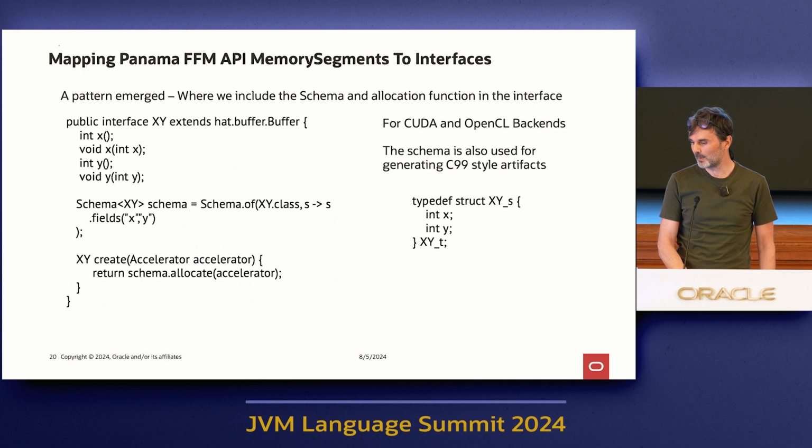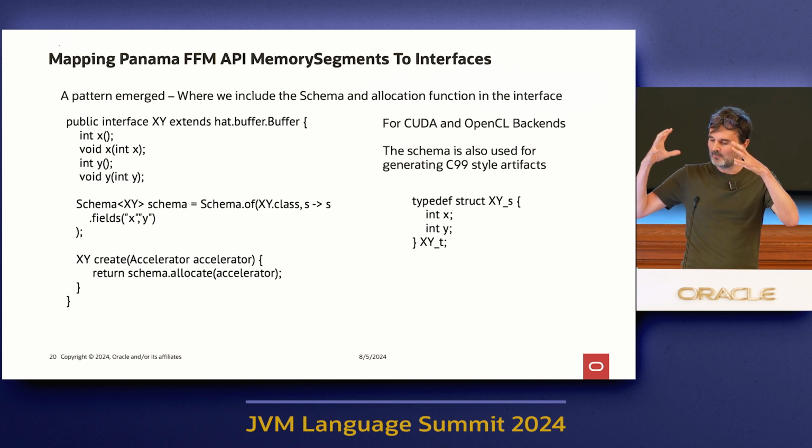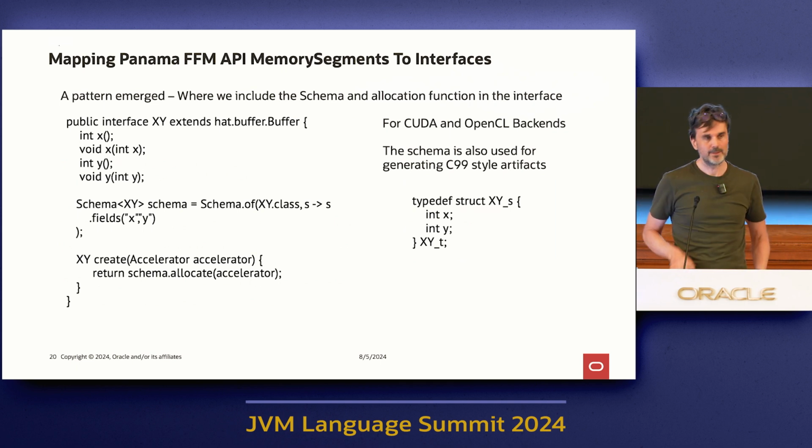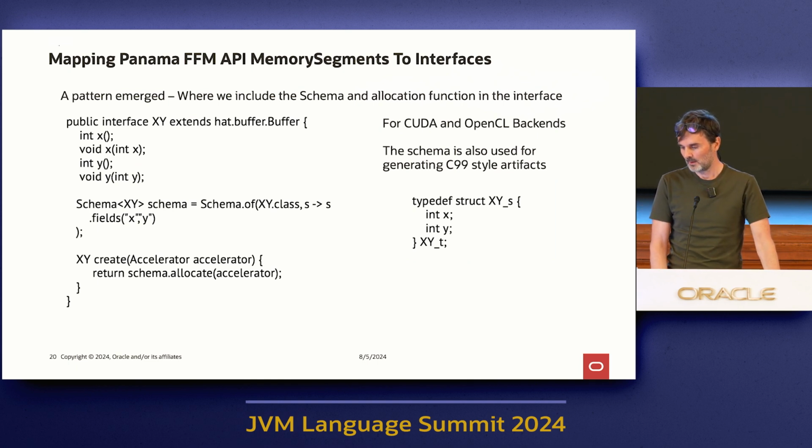We can get more complicated, nesting it all inside the interface. There's an API design point here. The key thing is, once we have this description, this schema, when we're translating to the kernel, and the kernel uses an XY type as an argument, we will need to do something with that type.